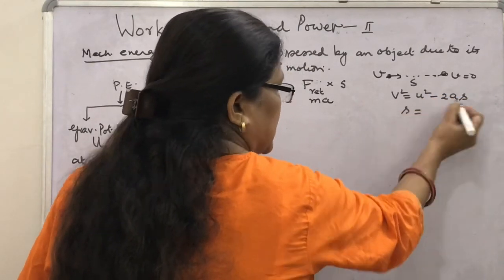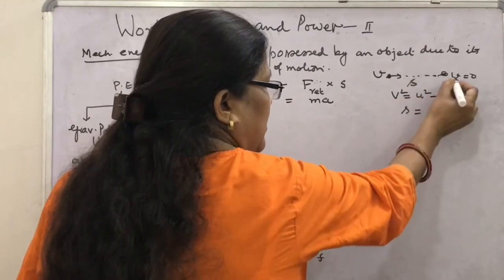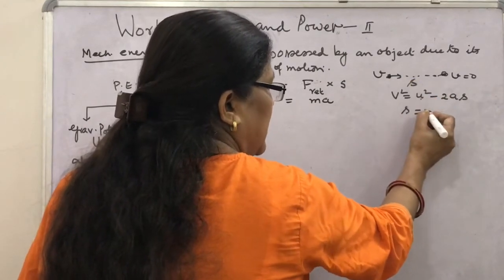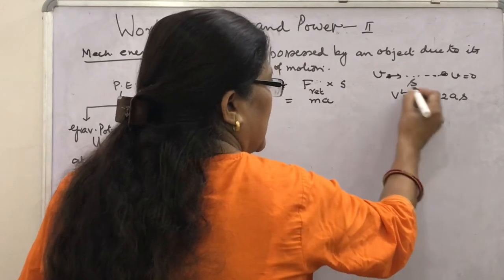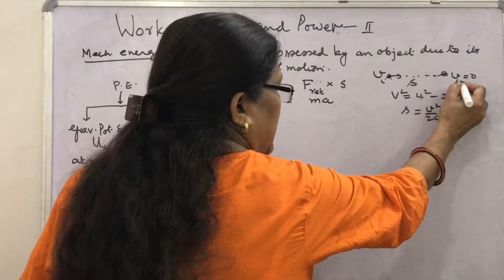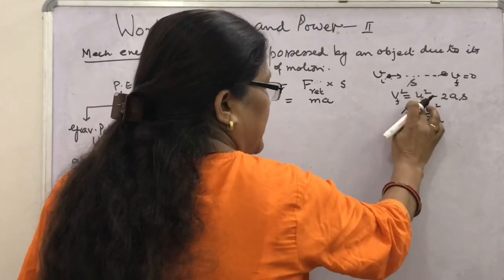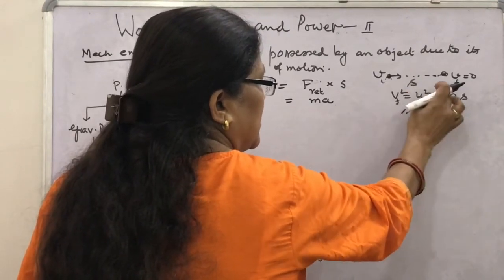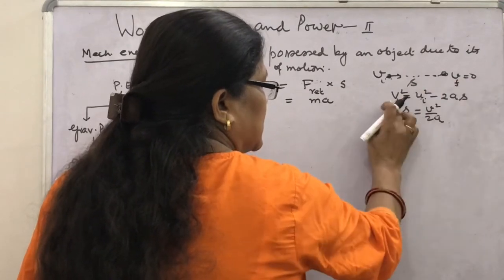What will be s here? Here the final velocity v is 0, u is the initial velocity, and we have taken it as v. So s is v square upon 2a. We have taken initial velocity u with the value v, and final velocity 0.